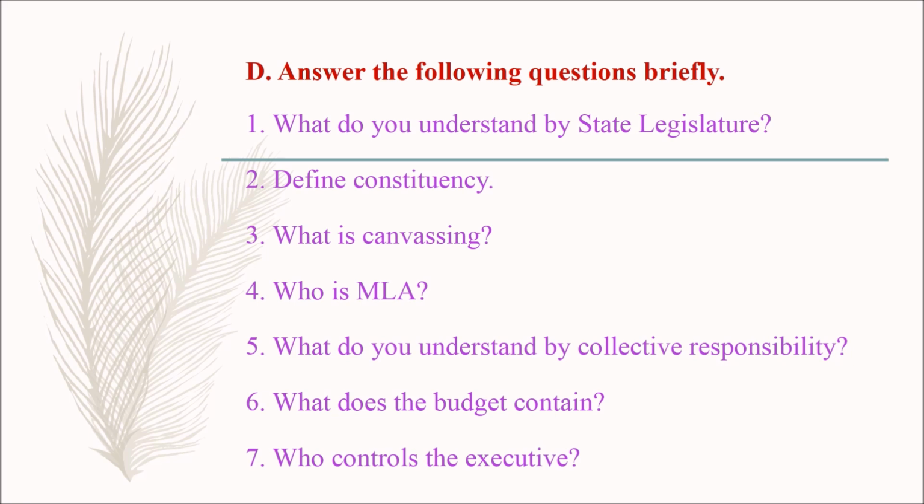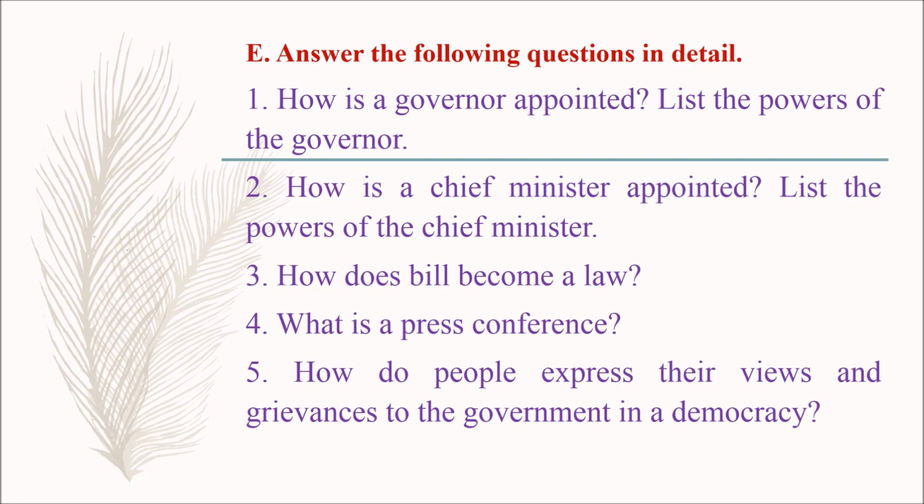Section E. Answer the following questions in detail. Question number 1. How is a governor appointed? List the powers of the governor. Question number 2. How is a chief minister appointed? List the powers of the chief minister.